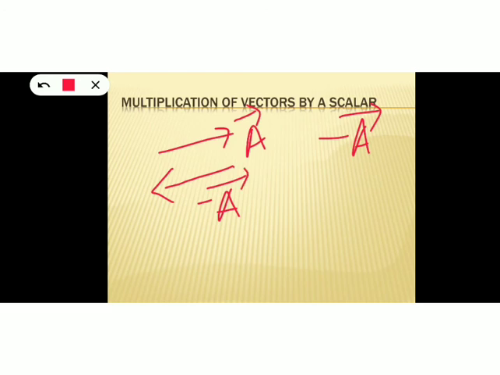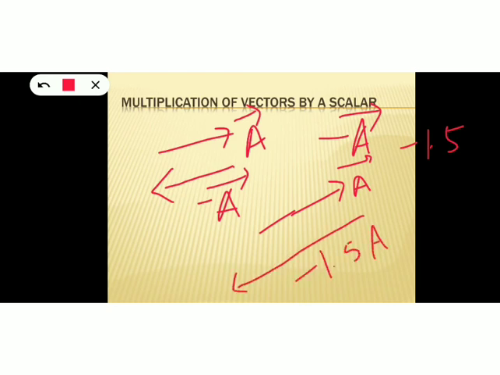Okay. Now suppose vector A is multiplied with minus 1.5. Then what will be the magnitude of minus 1.5 into A? See, look at the magnitude and direction of minus 1.5A.